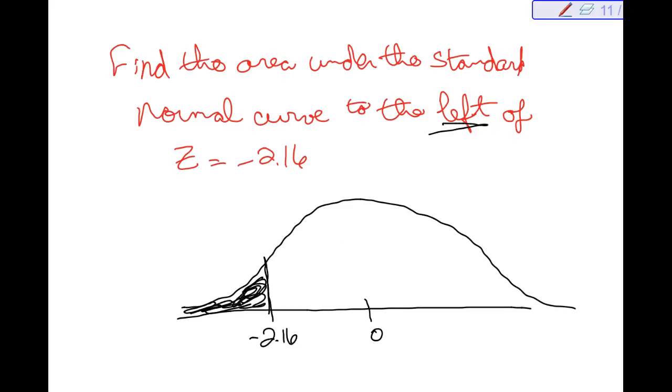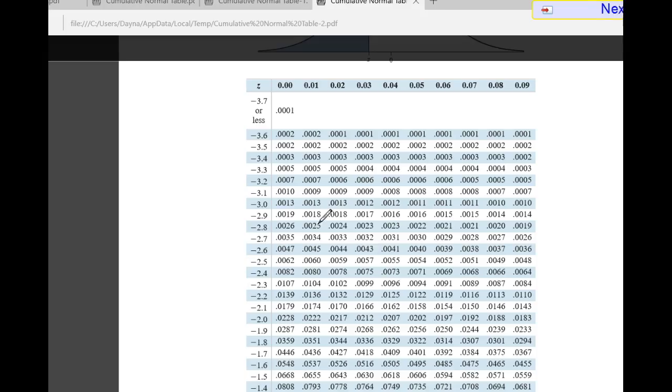So then I'm going to go and find my z value. That is going to be negative 2.16.